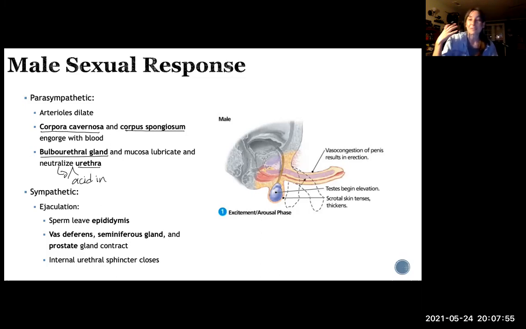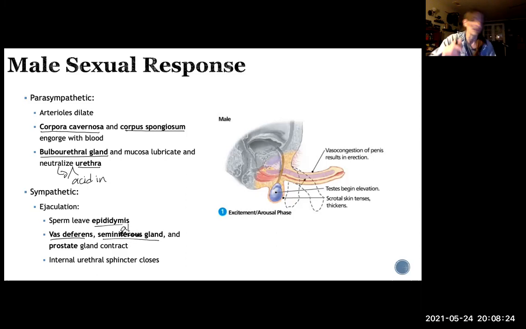And then the sympathetic nervous system has to kick in for muscle contractions to start, which will cause sperm to leave the epididymis, to travel up the vas deferens, up and around the bladder, to the seminal vesicles, which will secrete the rest of semen. From vas deferens to the, oh, I'm sorry, this is the seminal gland.